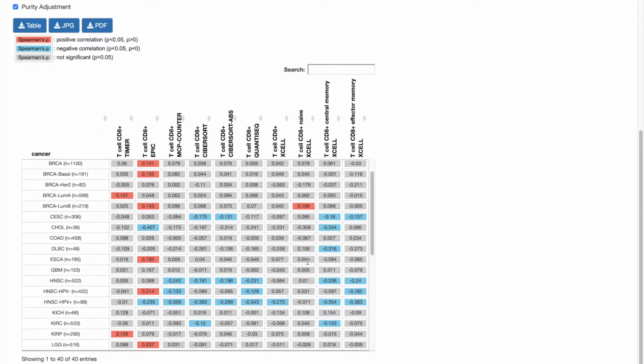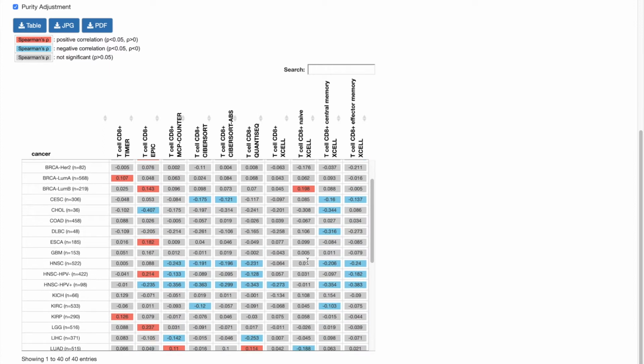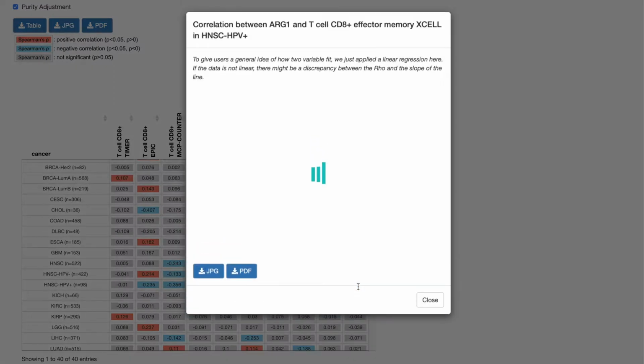We can also check the detailed distribution between these two variables in a specific cancer type and the tool we prefer. For example, we can check it in the head and neck HPV-positive cancer type and the CD8 T cell infiltration estimated by xCell, just by clicking here.